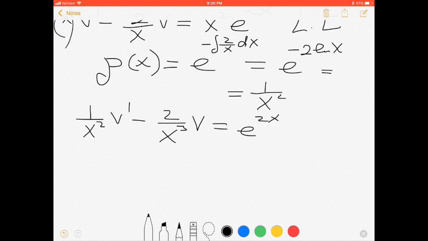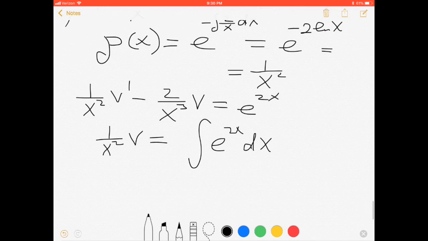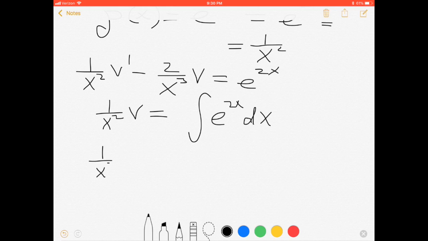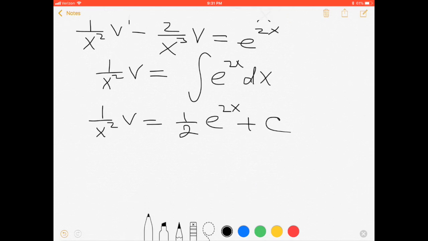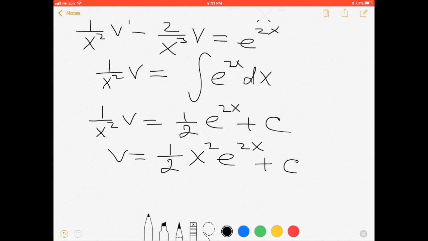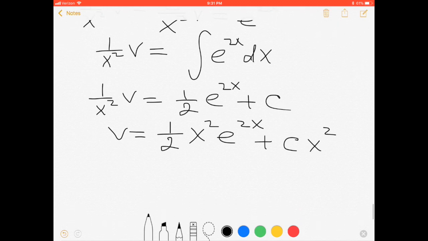The left part of our equation is the whole derivative of the product 1 over x squared times v, and we take the integral. For the right side, e to the 2x dx. This gives us 1 over x squared v equals 1/2 e to the 2x plus c. This means v equals half x squared e to the 2x plus c x squared.